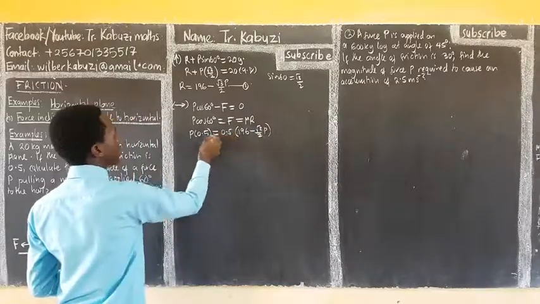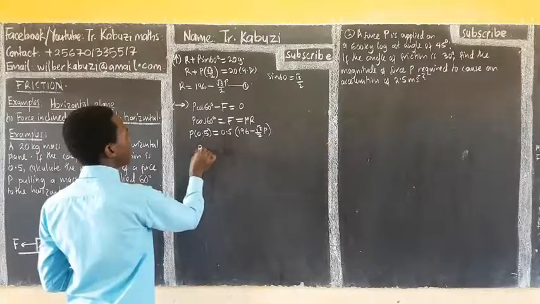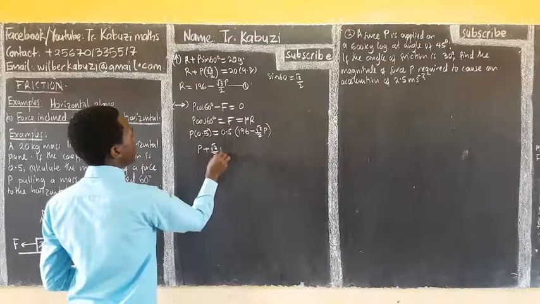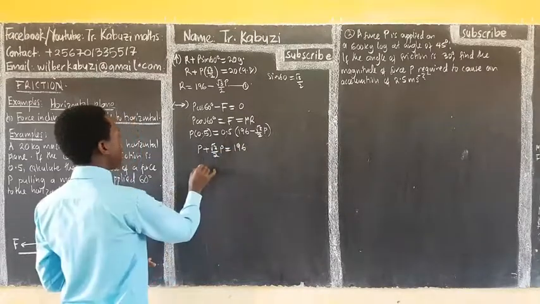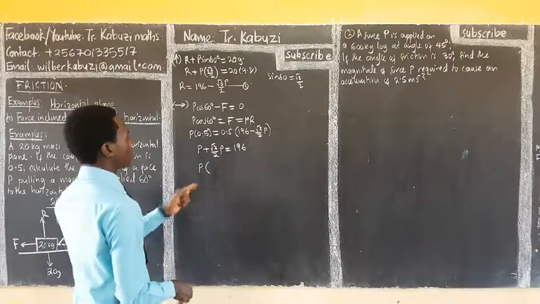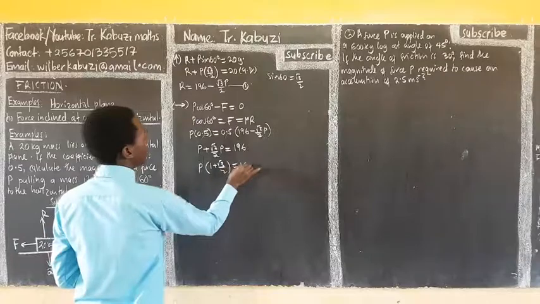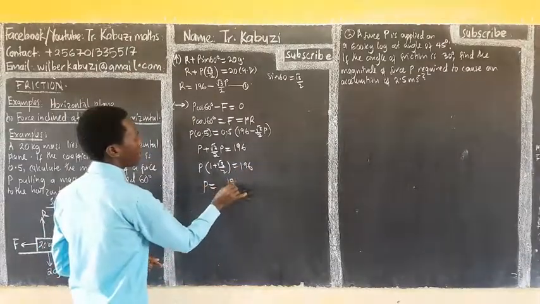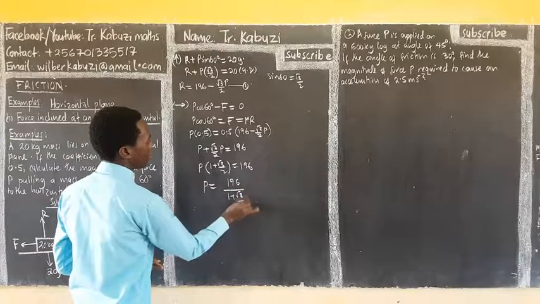So this 0.5 cancels with that, and I'll have P, and bringing this across, P plus root 3 over 2 P equals 196. So P into 1 plus root 3 over 2 is equal to 196. If I divide through, P is 196 over 1 plus root 3 over 2.